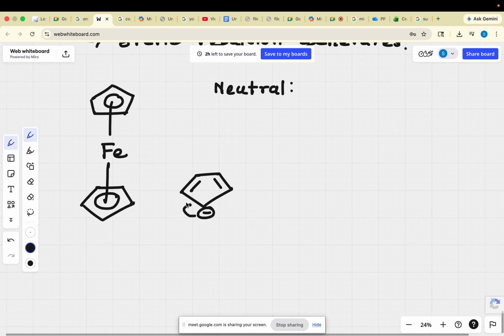So resonance is already involved here. So how many electrons is it donating? 6 electrons. So 6 electrons from this cyclopentadienyl, and now iron.